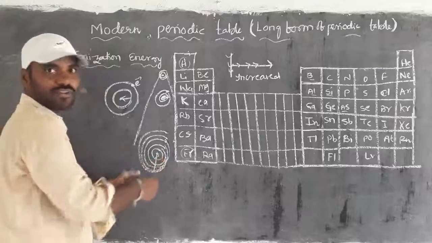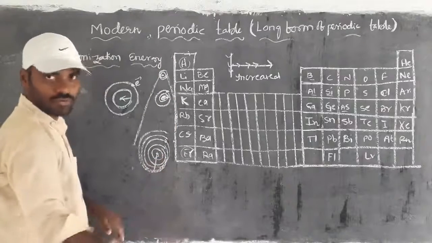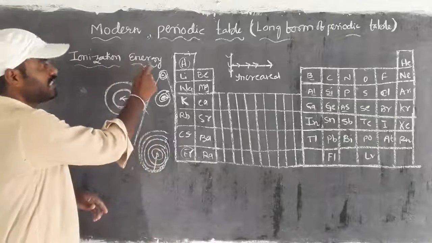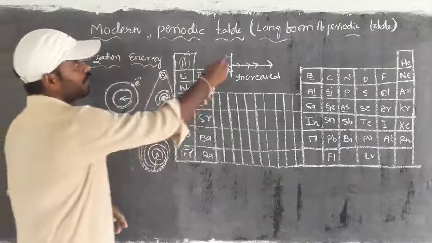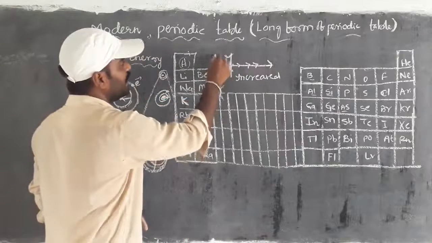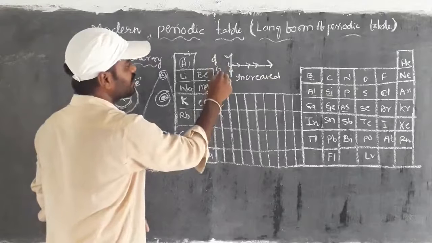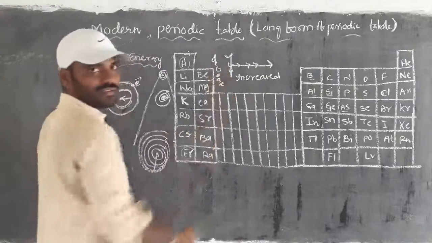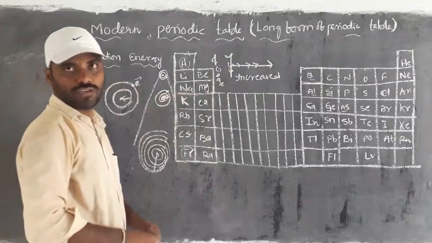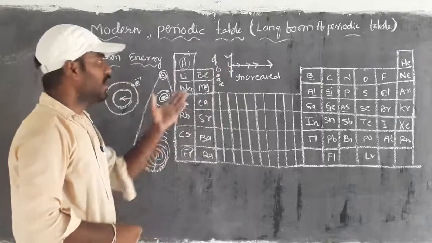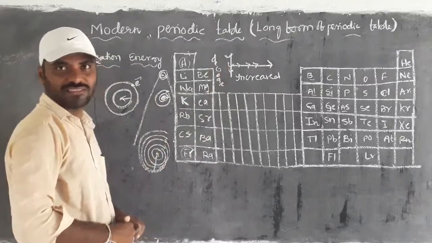So ionization energy in groups from top to bottom decreases, right? It is quite opposite to the trend of atomic size.